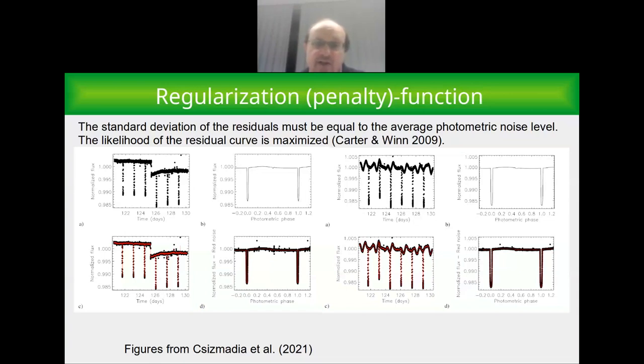And here you can see just 2 examples where I injected synthetic light curves into the Kepler-1 data, and I tried to fit them, and I monitored how precisely I can get back the injected light curve and the parameters which were used for the synthetic light curves.